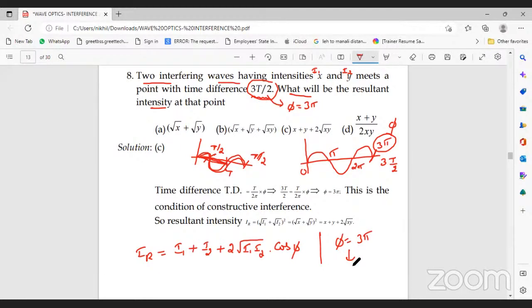Constructive, sir. You simplify for the resultant intensity by substituting that.